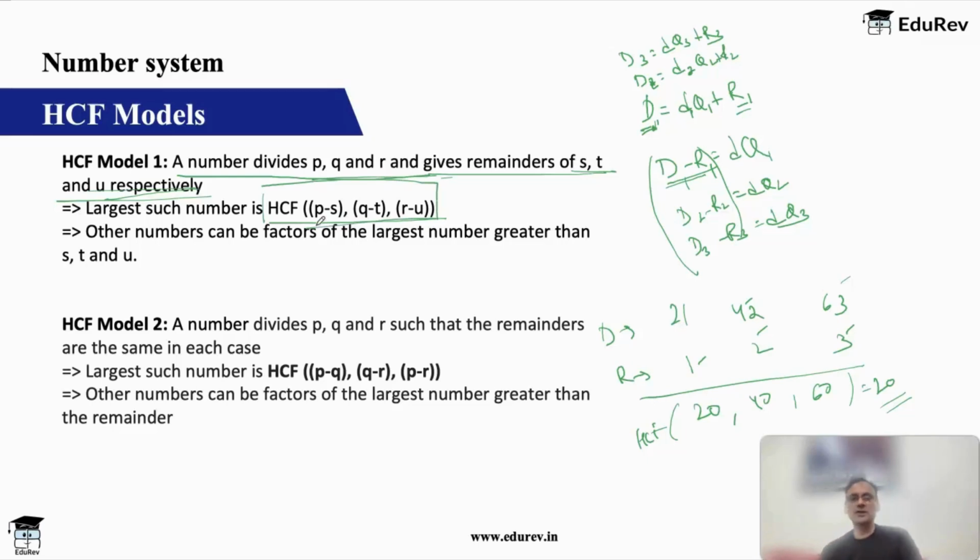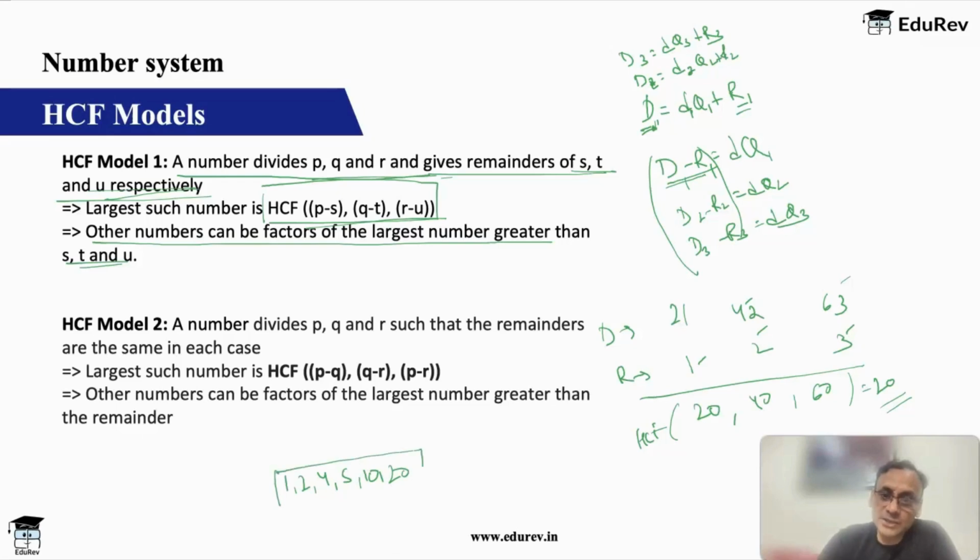One word of caution here: 20 is not the only answer. There can be factors of 20 also. So what are the factors of 20? 1, 2, 4, 5, 10 and 20. All of these are possible answers, but there is one condition. When you make this equation, your remainder always has to be smaller than the divisor.